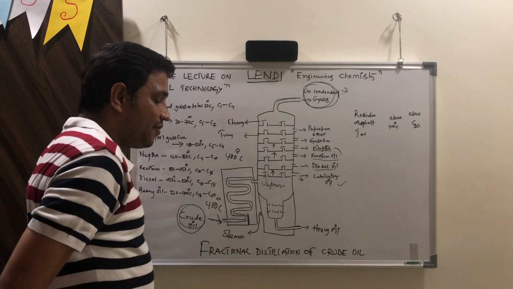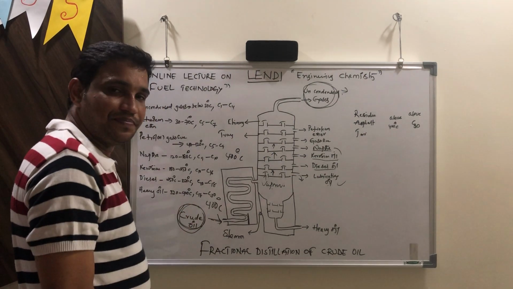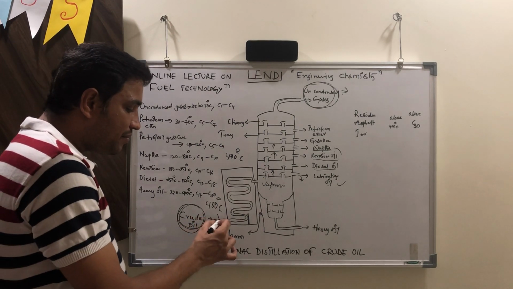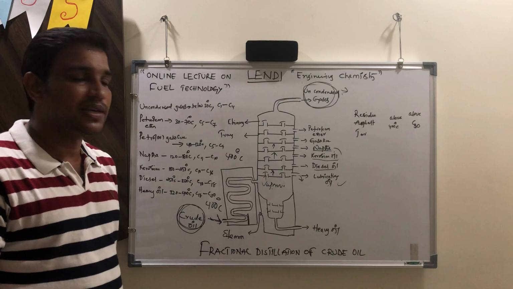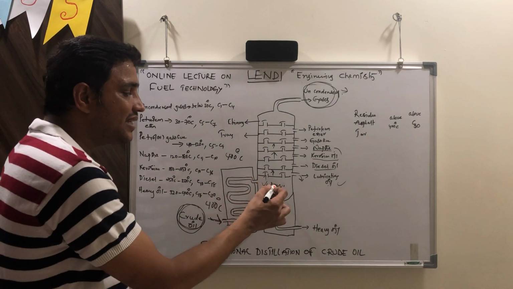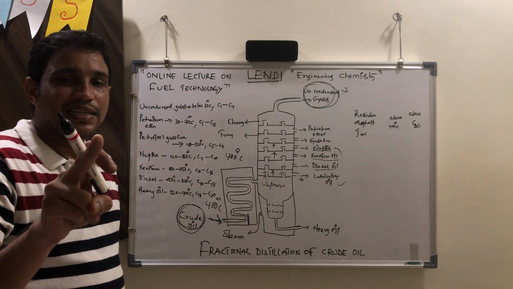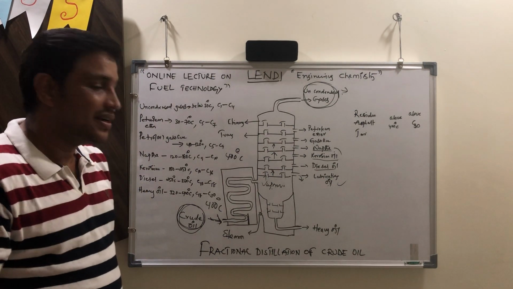I will tell it very clearly. When you introduce crude oil, it is rich in carbon and hydrogen, and it is made into vapors by applying 400 degrees Celsius temperature. When it enters the fractional distillation column, initially some components will become liquid.